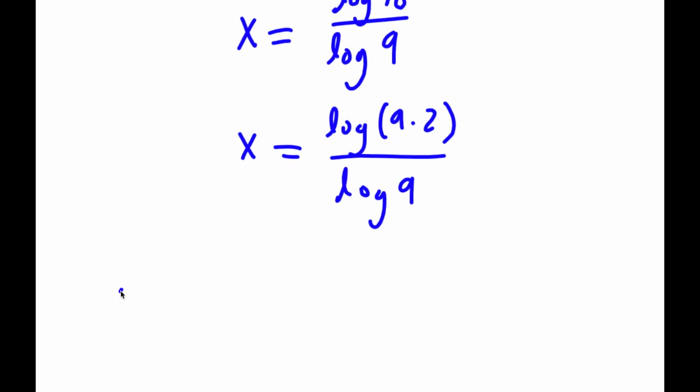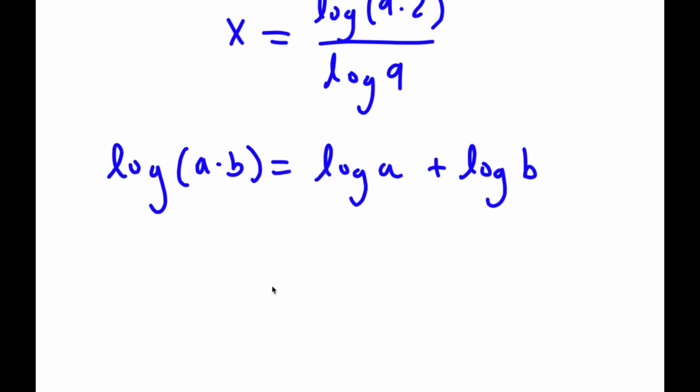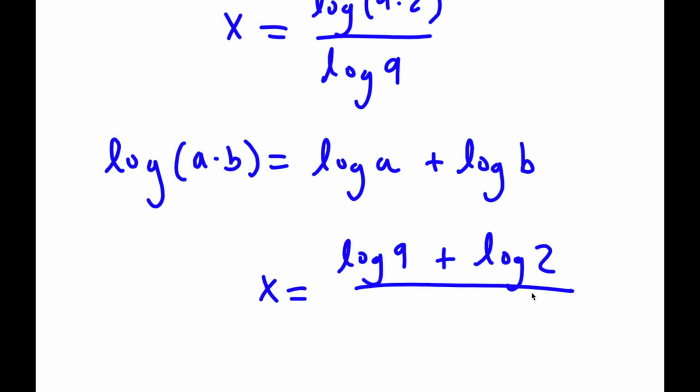And if I have something in the form log a times b, this is equal to log a plus log b. So log 9 times 2 is going to equal log 9 plus log 2. Now I have this over log 9.